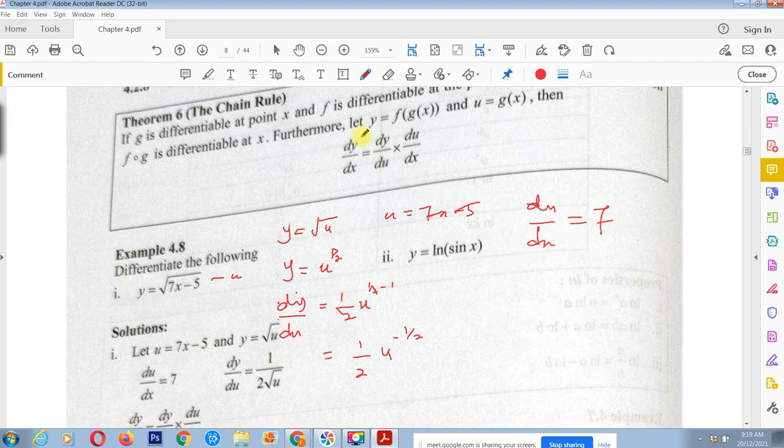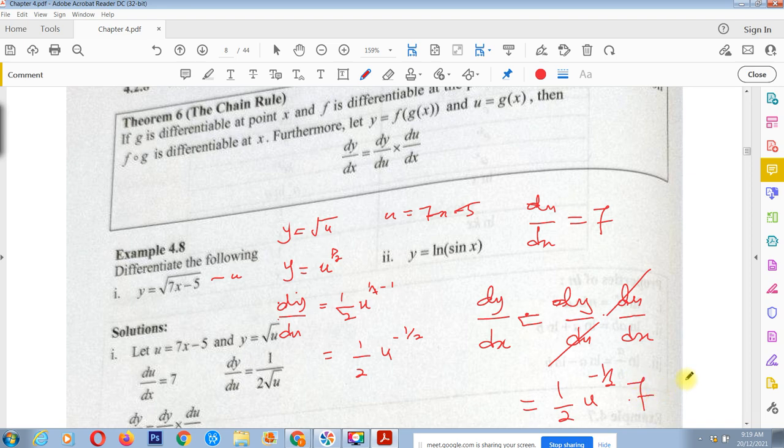Now to get dy dx, we have dy dx equals dy du multiplied by du dx. So what is dy du? dy du is 1 over 2 u to the negative 1 over 2, and du dx we got 7.